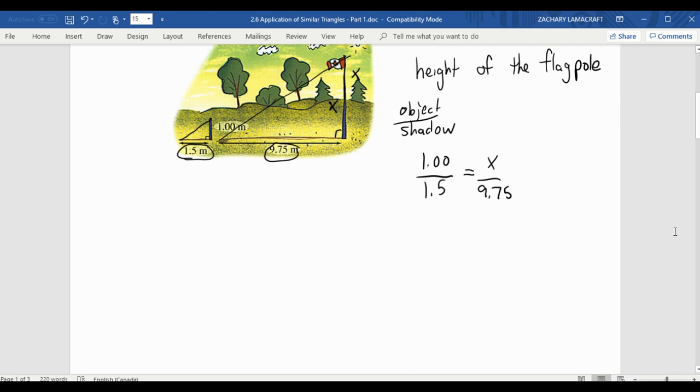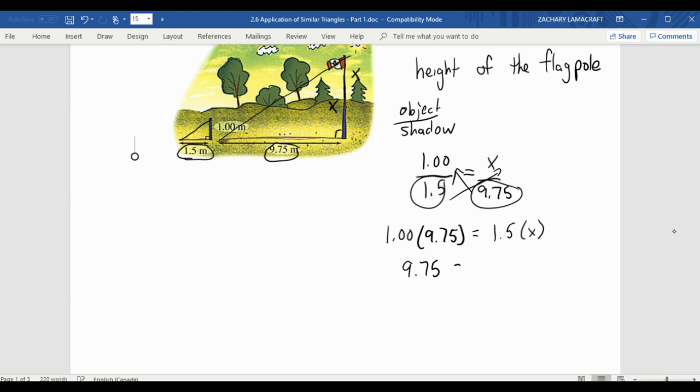So what do we do next? Awesome. We're going to do cross multiplication. So then it would be 1.00 times 9.75 is equal to 1.5 times x. And 9.75 times 1 is just itself, which would be equal to 1.5x. And how do we get x by itself?